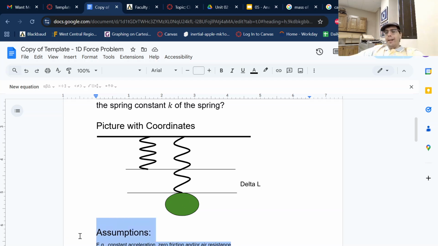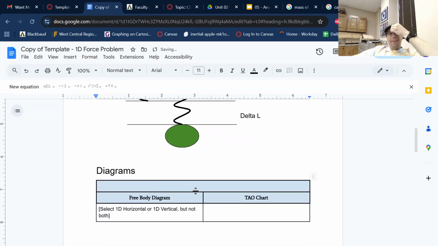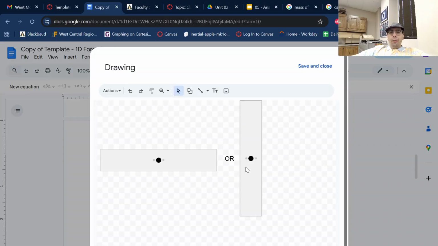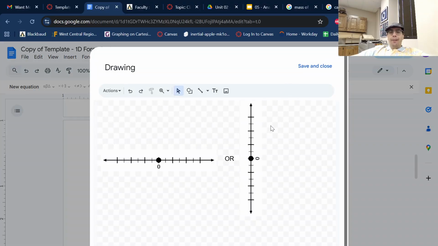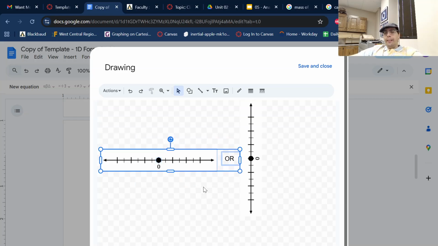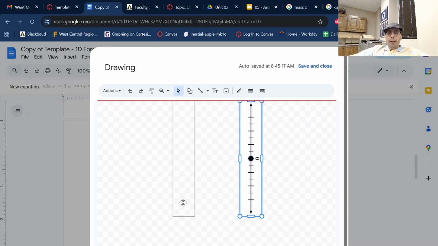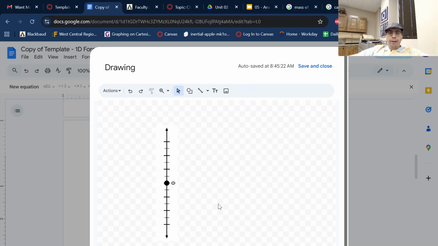So this is one case where we can just move on past that. We do want a free body diagram for the watermelon though. So first, do we want the up-down axis or the left-right axis? Indeed, exactly. So we're just going to delete the other one, and then we can apply our force vector arrows to this.